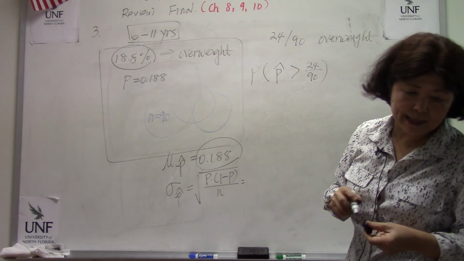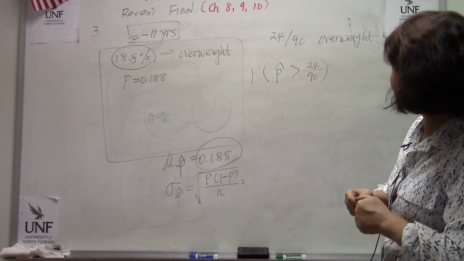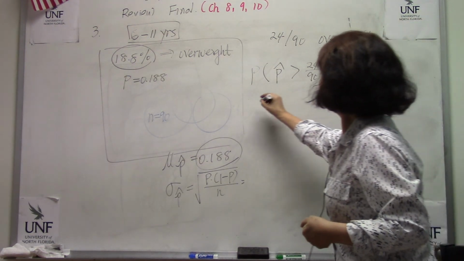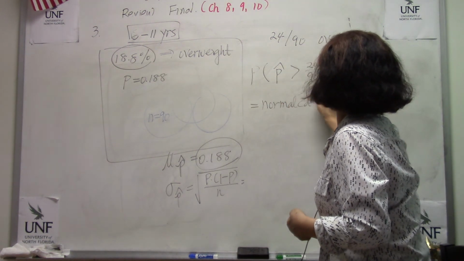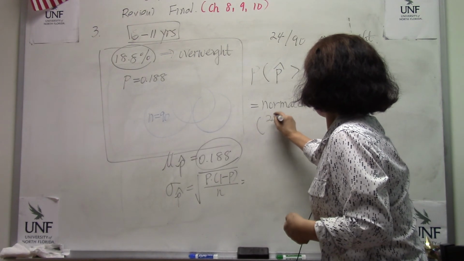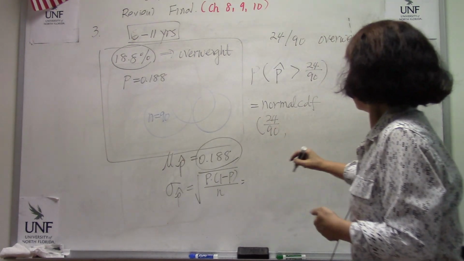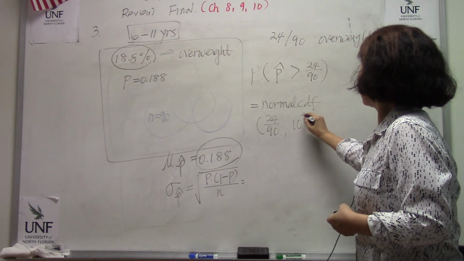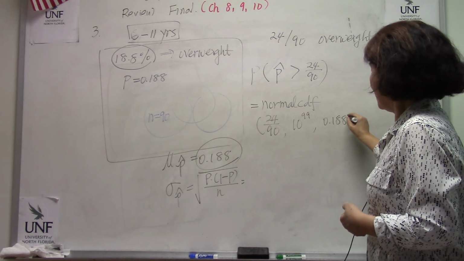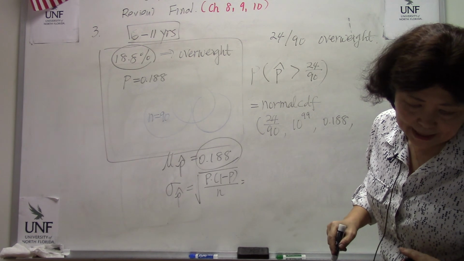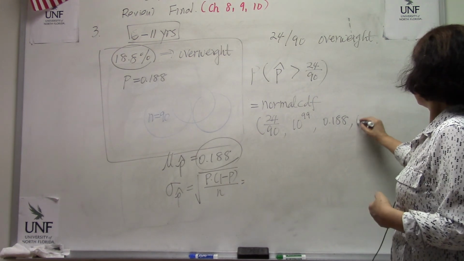Same as before: normal CDF, 24 over 90, comma, 10 to the 99, comma, 0.188, comma, 0.0412.